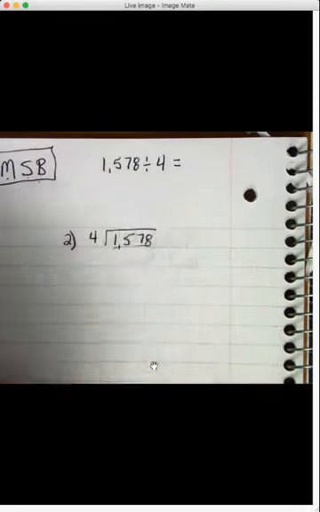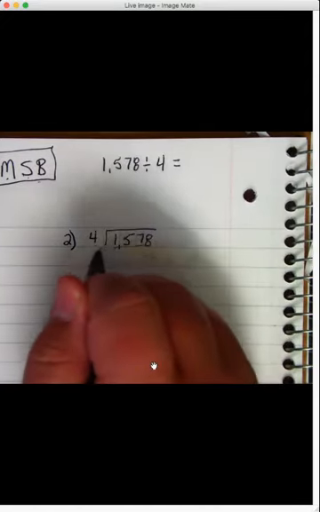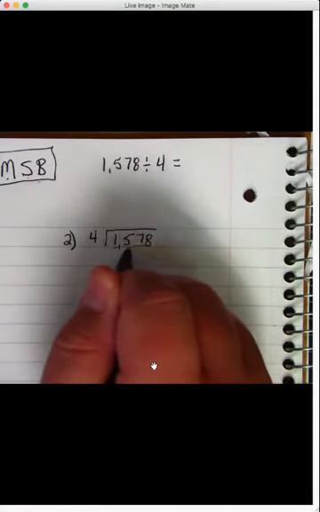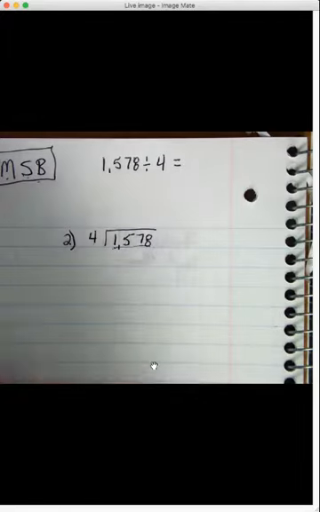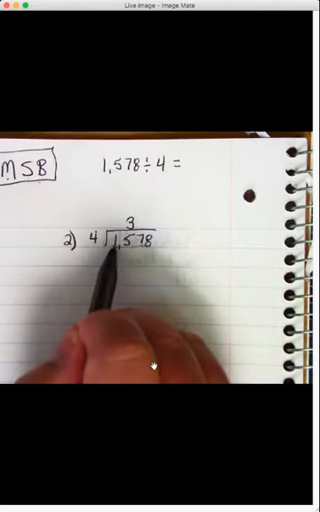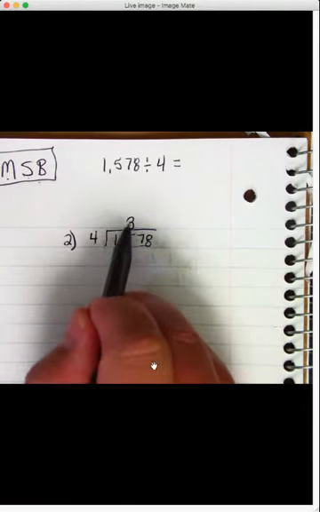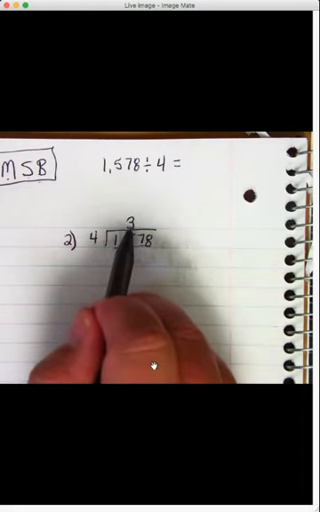There are no 4s in 1, but there are 4s in 15. Now, we just saw in our last problem that 4 times 4 is 16. That's too much. So we're going to choose a 3. And remember, we don't write it above the 1 because 1 divided by 4 is not 3. 15 divided by 4 will go 3 times.